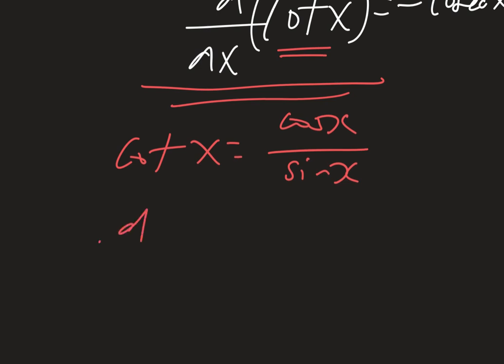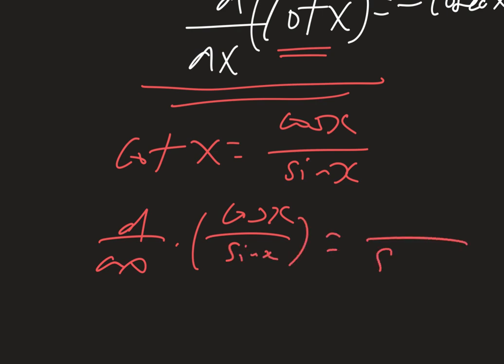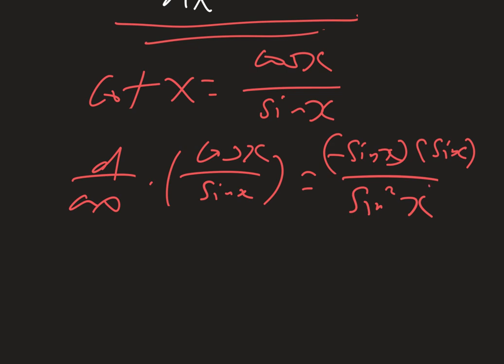So this is d/dx of cosine x over sine x, which is sine squared x at the bottom, and you differentiate the top, become minus sine x, retain the bottom sine x here, and then minus, retain the top and differentiate the bottom, become cosine x.